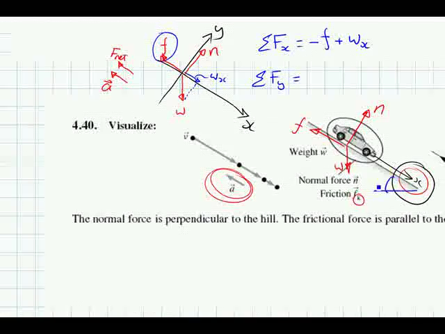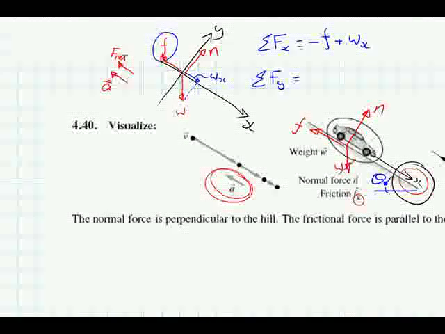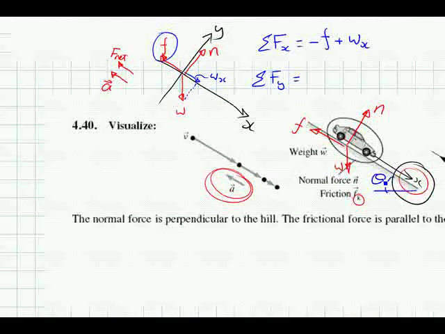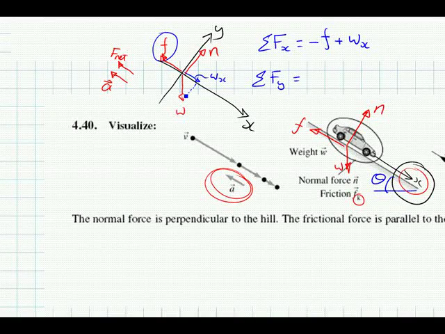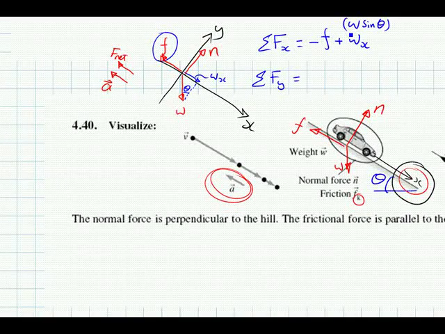If you know the slope, if the slope were 10 degrees, for example, then you can go ahead and calculate what the X component is. That would be W sine theta, for example, for Wx.